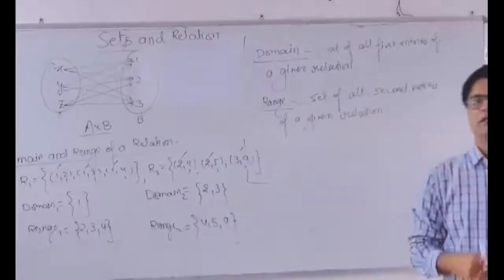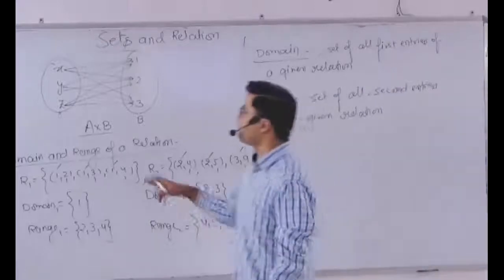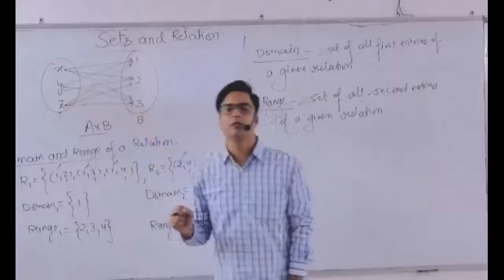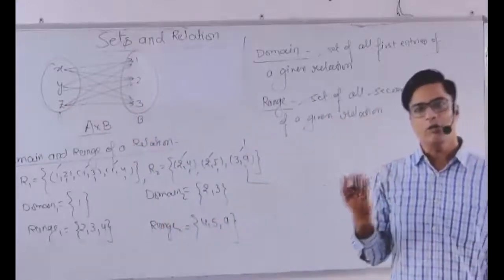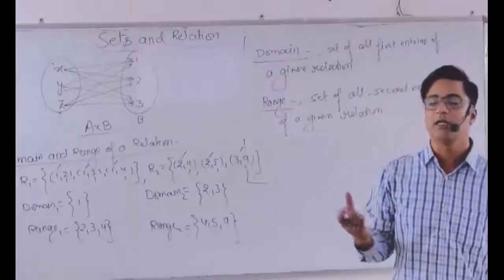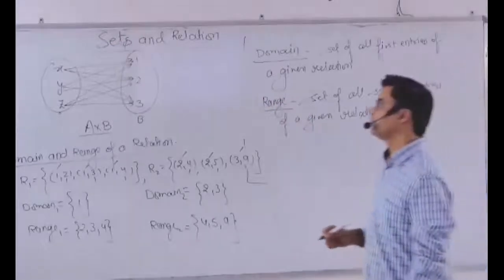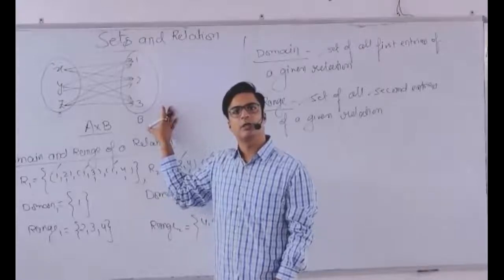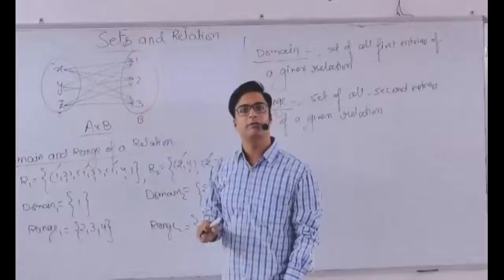Now, let's come back to our Cartesian product. In Cartesian product, each and every element was connected with each and every element of set B. Yes or no? And how did we define relation? Relation we defined in such a way that it is basically a subset of our Cartesian product. In Cartesian product, each and every element is connected to each and every element here.